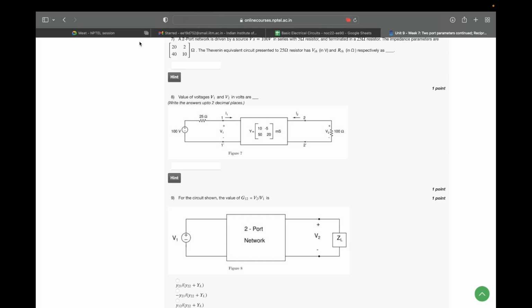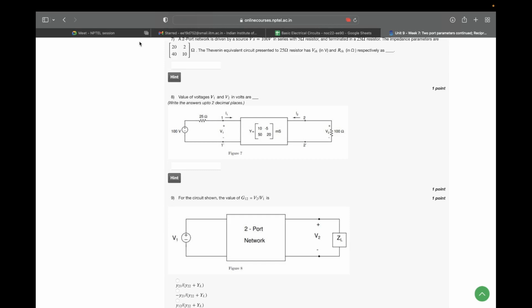On open circuiting the first node, we apply a current source of I2 at port 2. From there we get the value of Z22. In this loop we have V2 equal to 2 kilo ohms times I2, so Z22 comes as 2000.